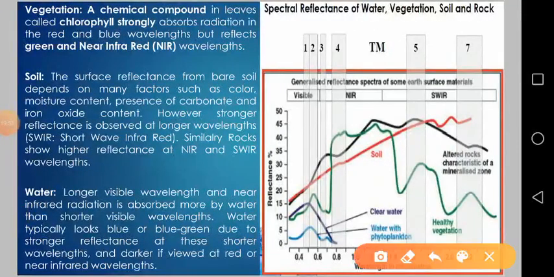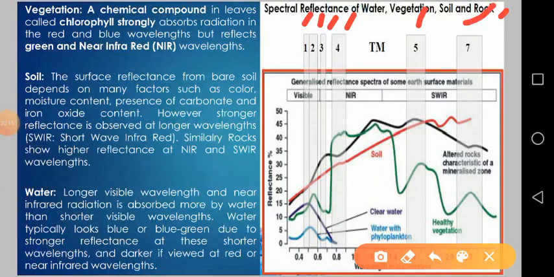If you go through this spectral response figure, there is band 1, band 2, band 3, band 4, band 5, band 6 which is avoided as I indicated in the previous slide, and band 7.